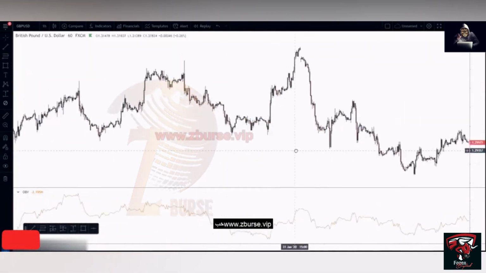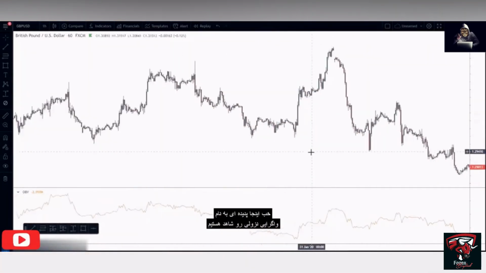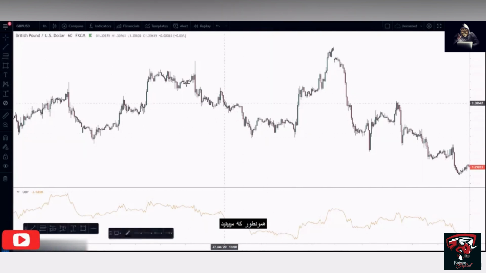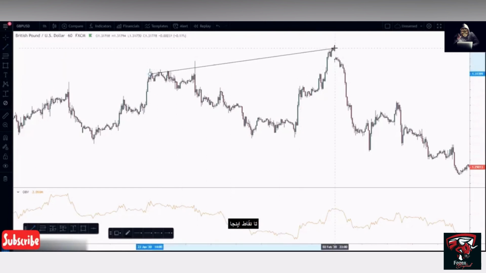So, right here, we see a sign of what is actually called bearish divergence. When you see bearish divergence, you believe the market is going to come down, okay? As you can see, if you were to draw from these points right here to this point, you have a higher high being made here.